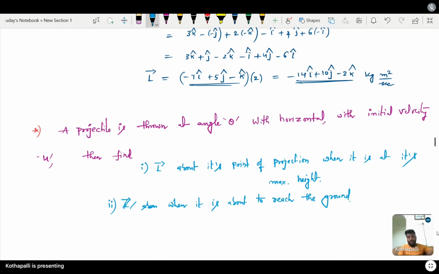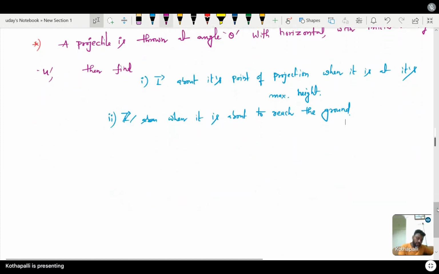Okay, so if you draw the diagram of this projectile case, it looks like this.